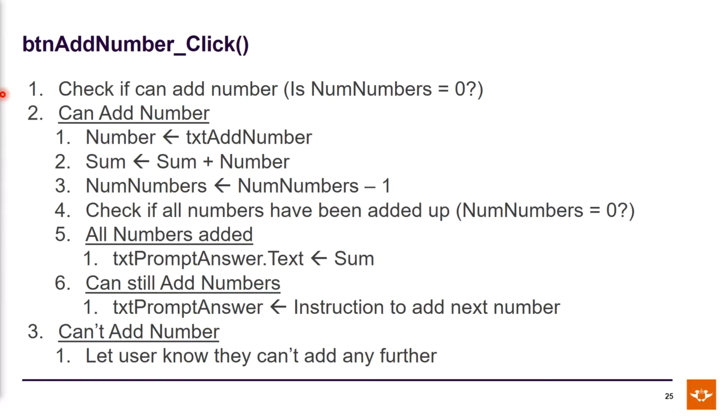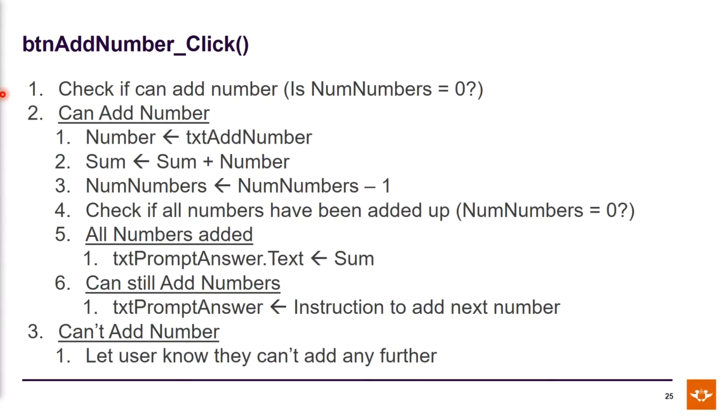So the first point is I check if you can add the number. One thing you're really checking is: is your num numbers equal to 0 at this point? If it is 0, what does it mean? It means that we have already added all the numbers we needed. So in our example, the user specifies that there are 3 numbers that they want to add up together.